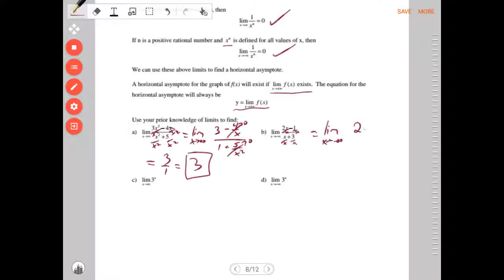That's going to be 2 minus 1 over x, and then 1 minus 3 over x. When we approach negative infinity, those terms go to 0, and this is 2 over 1, or just 2. Now, the significance of the negative infinity here is we're going to be approaching 2 kind of from the underside of it.